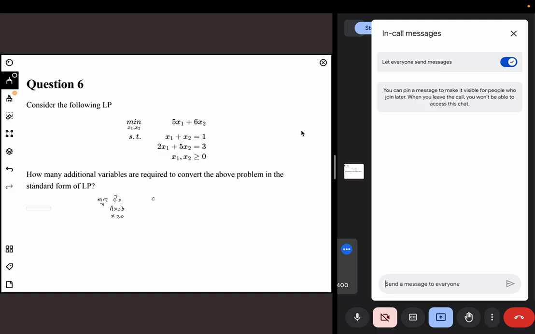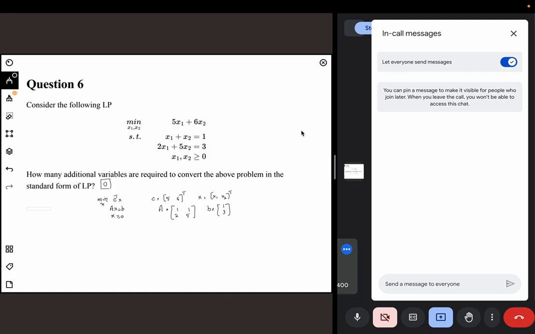So here C is my 5, 6, X is my X1, X2, A is my, right? So it is already in the standard form, which means I do not require any additional variables. Is this part clear?